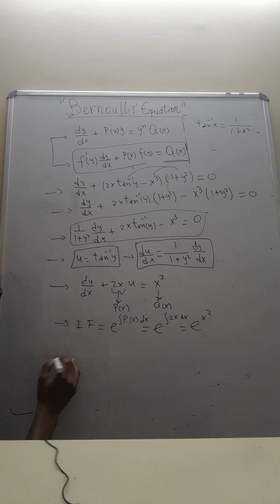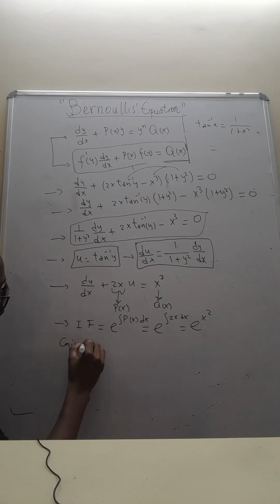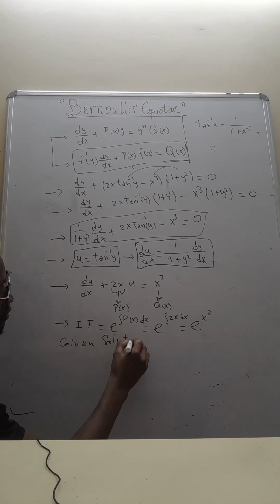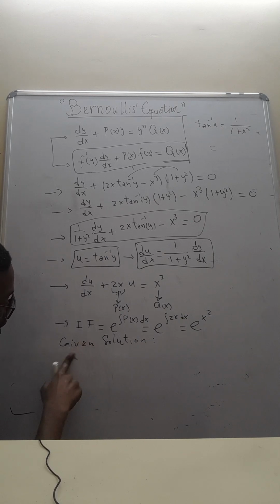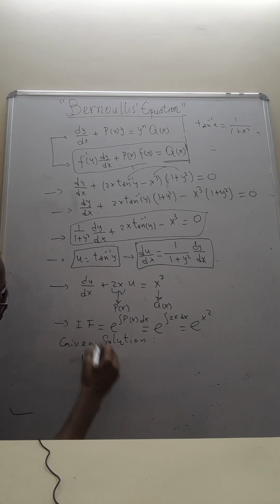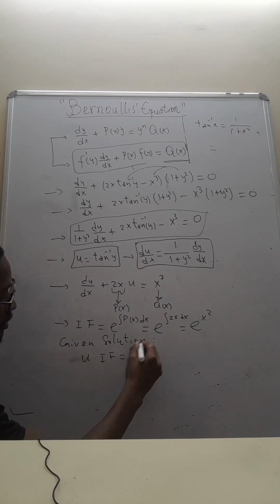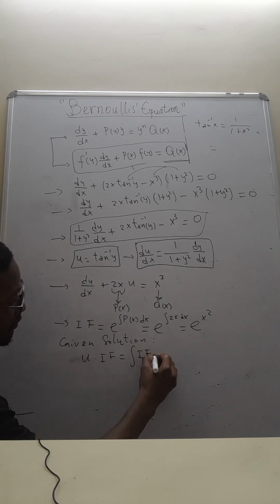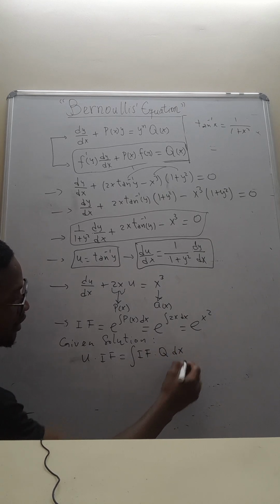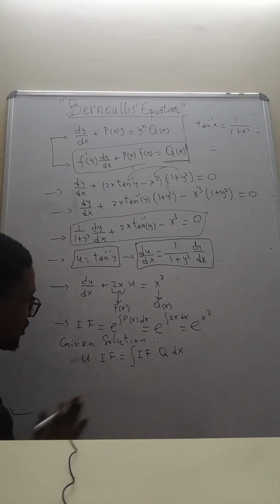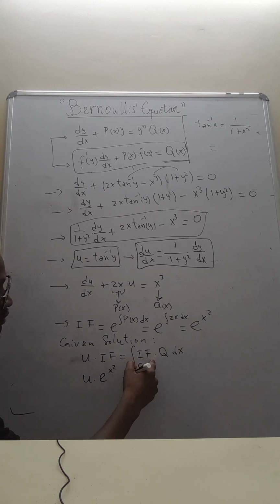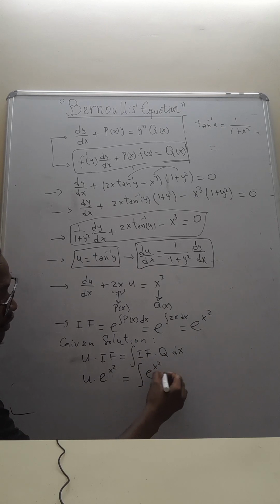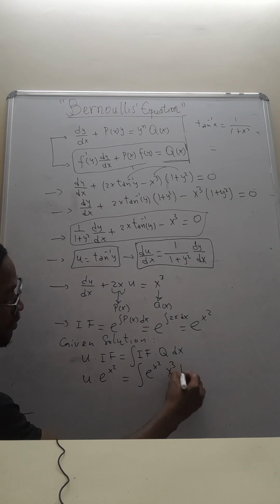After finding this, the given solution will be your independent variable u times IF is equal to the integration of IF times q dx. Here IF is e to the x squared, and q is x cubed dx.